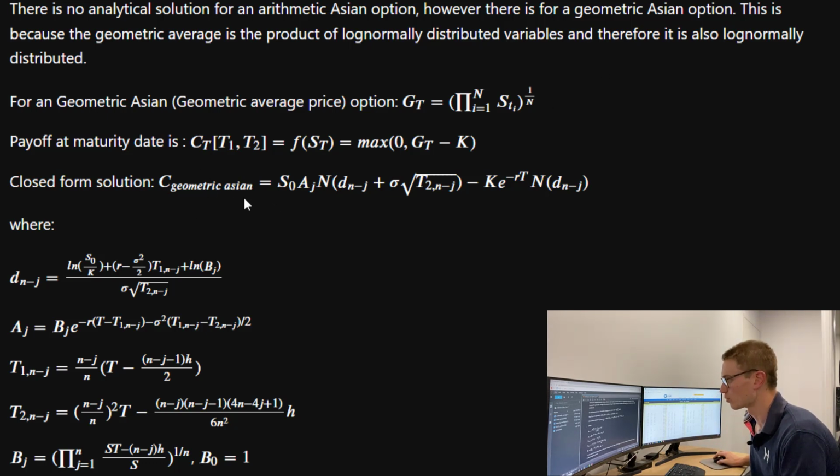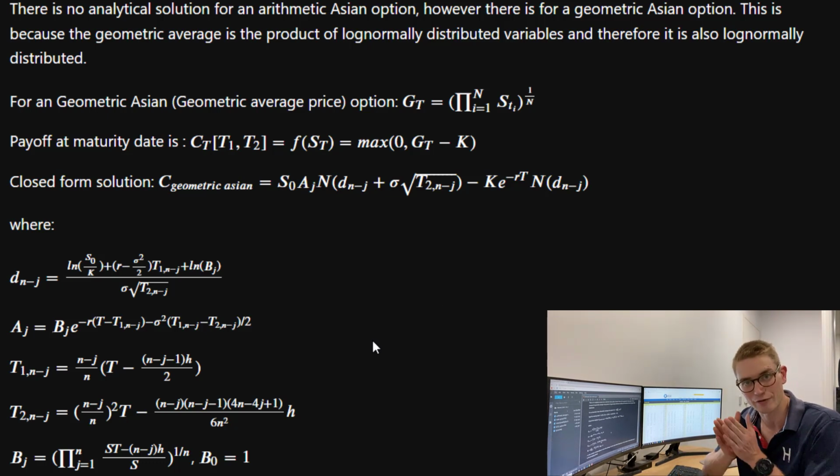So we get this closed form solution of this price here. This is for the discrete monitoring case, where we're monitoring at discrete times, not continuously. That's important because the option we're pricing has discrete monitoring for the closing price of the futures at every day in that contract period.